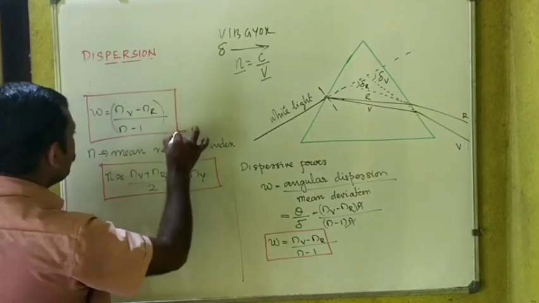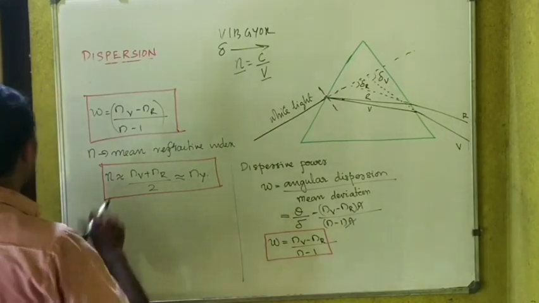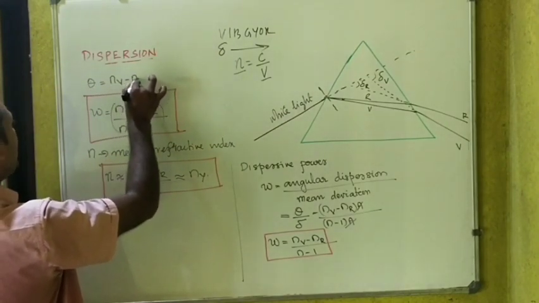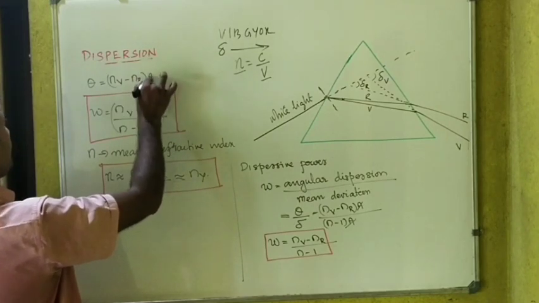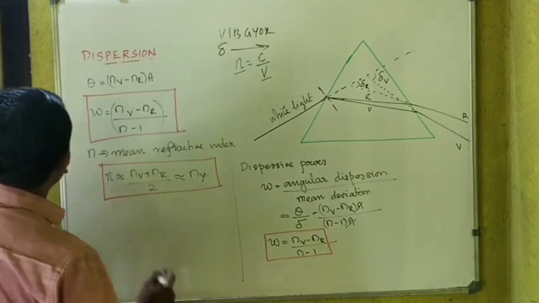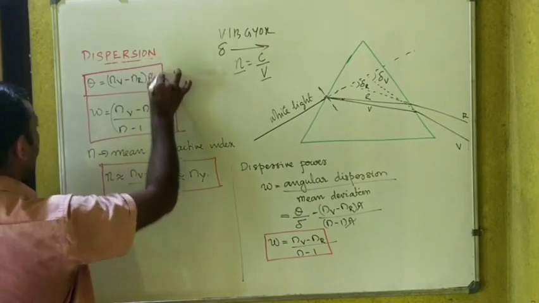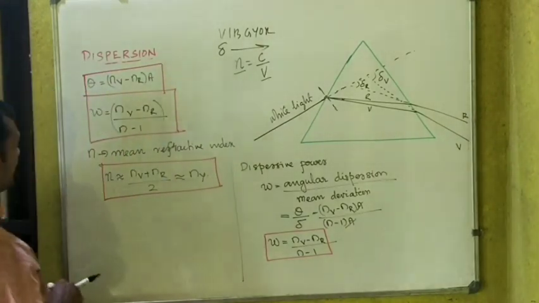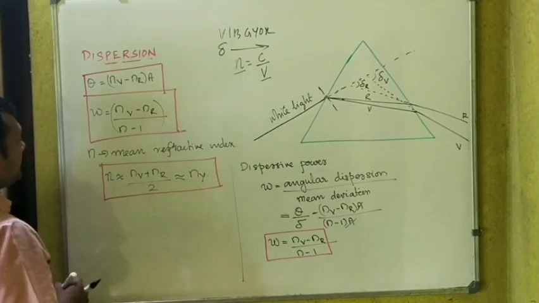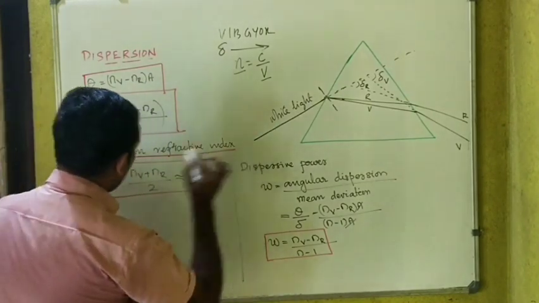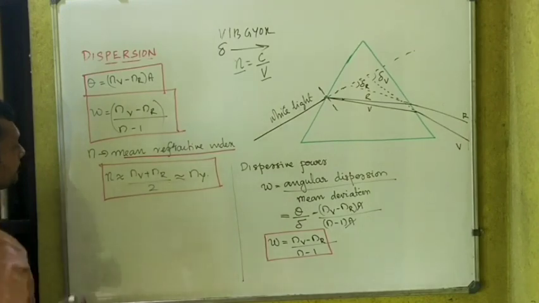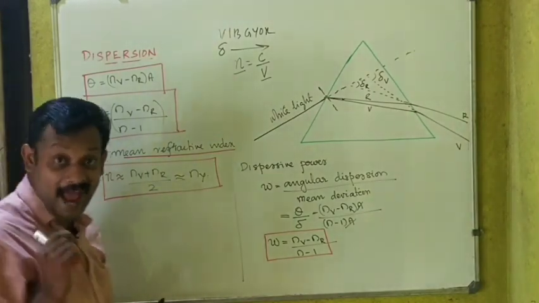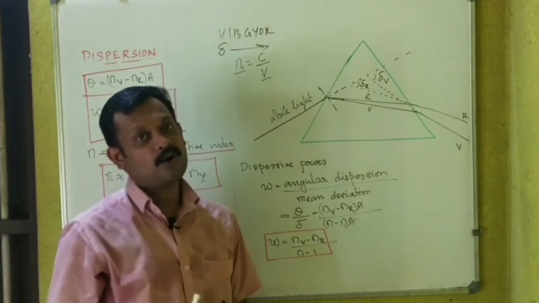So from these two discussions, the important formulas are theta is equal to NV minus NR into A, and omega is equal to NV minus NR divided by N minus 1, where N is the mean refractive index of the white light, given by NV plus NR by 2, or approximately the refractive index of yellow color.